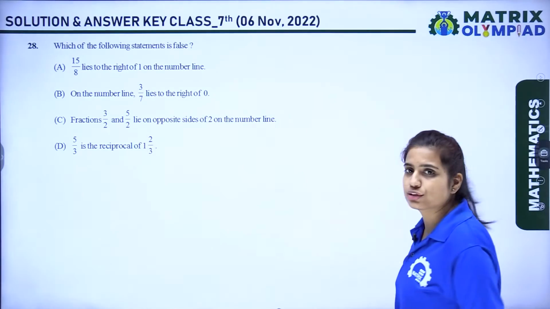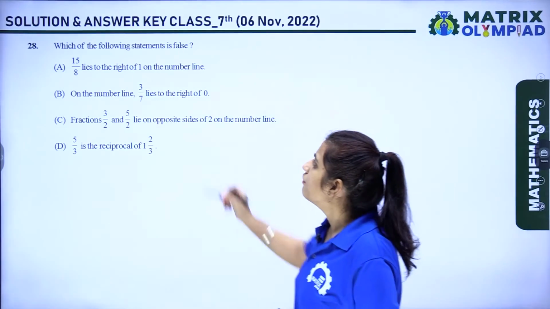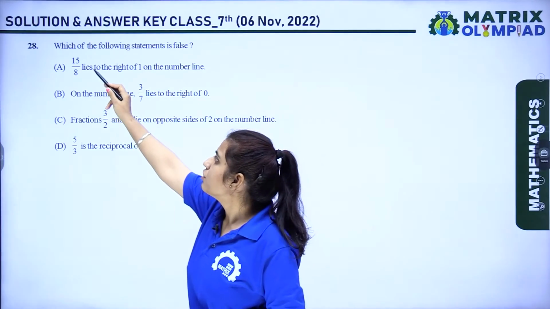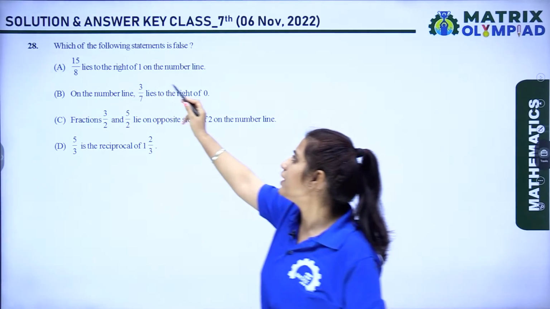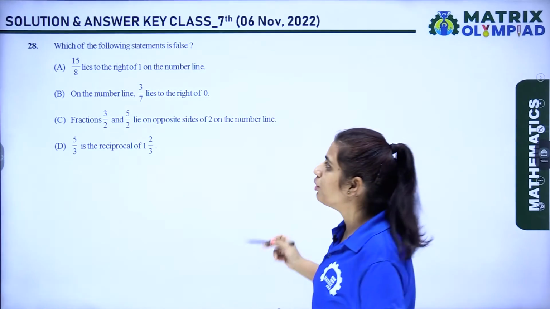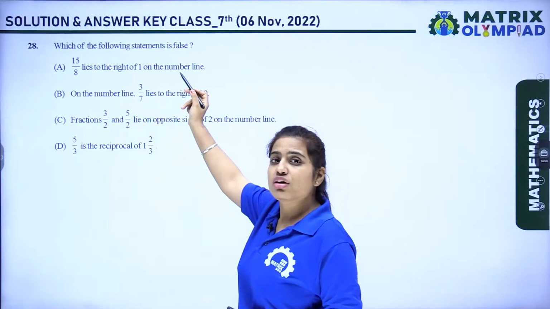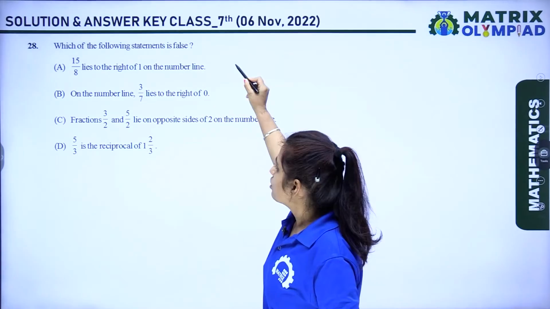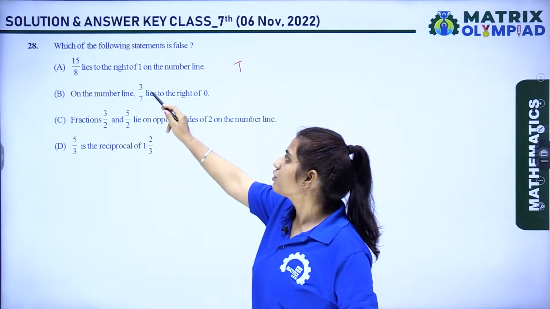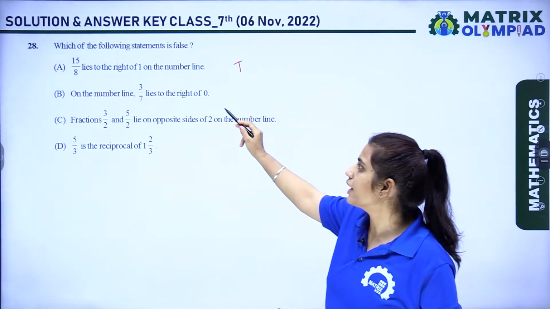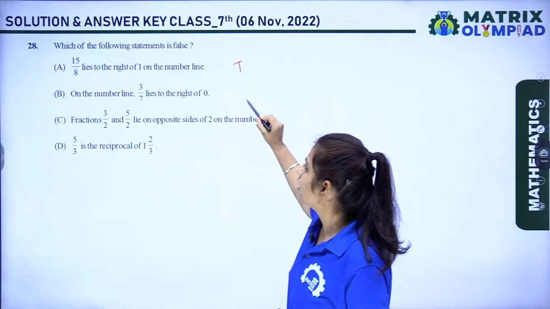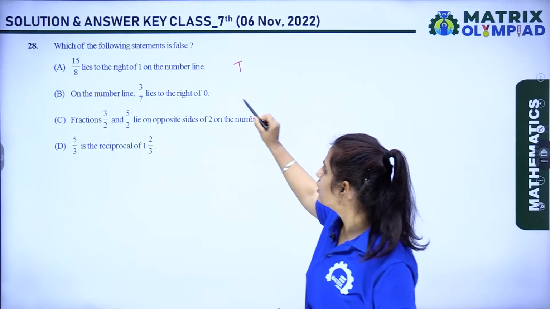Let's solve the next question, that is 28. Which of the following statements is false? First statement is 15 upon 8 lies to the right of 1 on the number line. Yes, it is true. 15 upon 8 will lie to the right of 1 on the number line. So this statement is true. Next, on the number line, 3 upon 7 lies to the right of 0. Yes, it is also true. 3 upon 7 will also lie to the right of 0.